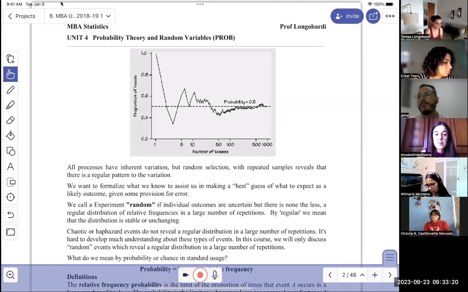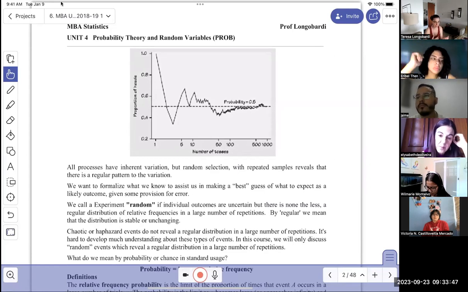So when you flip the coin, you can expect to see the head just as many times as you expect to see the tail, provided that you flip it enough times. So because we have a notion that it's a fair coin, and the idea that if we keep flipping this coin, out of the total number of flips, we should see a head 50% of the time and a tail 50% of the time.